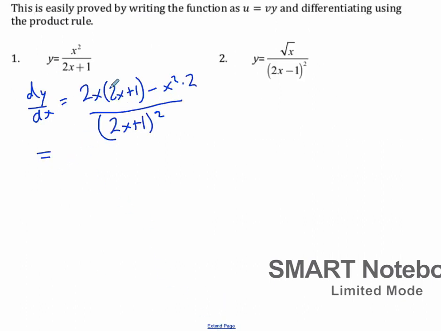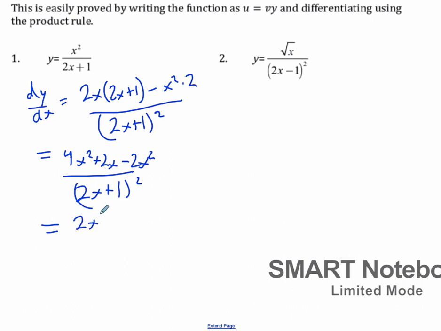Okay, just leave it as it is. So this is 4x squared plus 2x minus 2x squared over 2x plus 1 all squared, which equals 2x squared plus 2x over 2x plus 1 all squared.